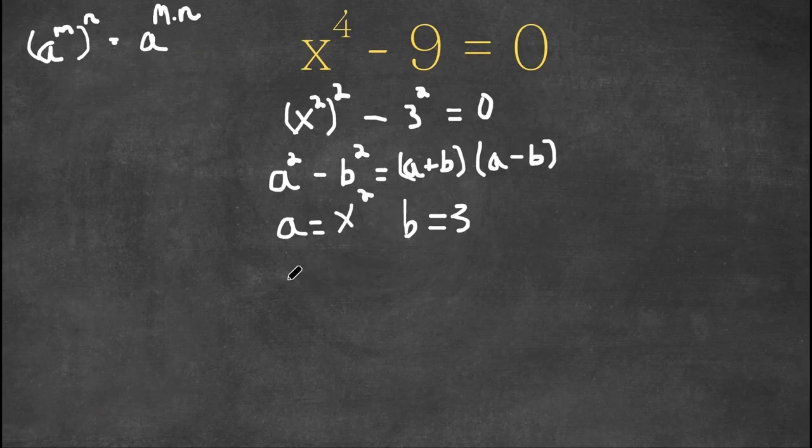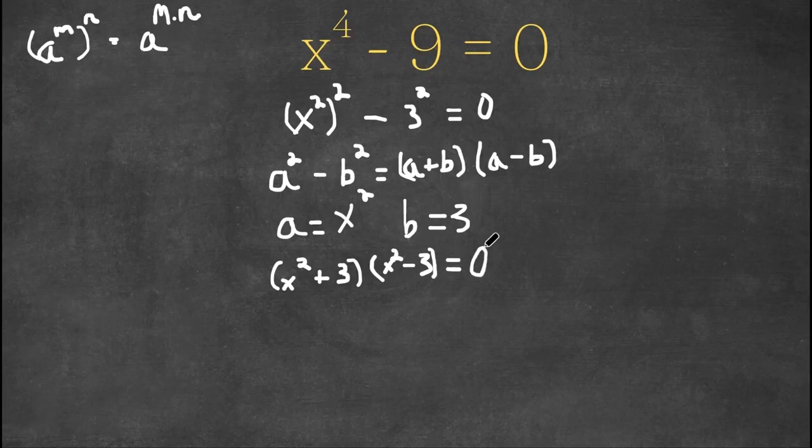So a is x squared, so we have x squared plus b, which is 3, times x squared minus 3. Now this equals 0.